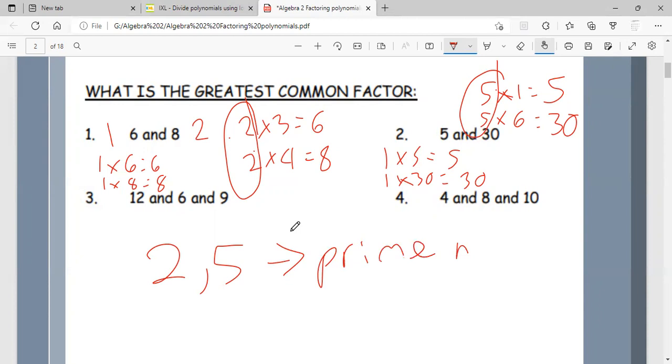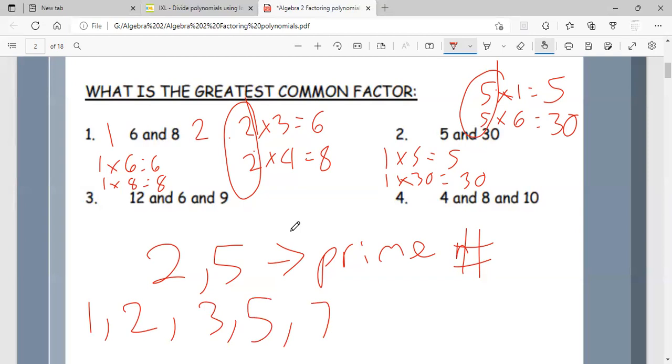So remember, prime numbers are numbers that only have factors of 1 and itself. 1 times 1 is 1. 1 times 2 is 2. 1 times 3 is 3. 4 cannot be a prime number because 2 times 2 gives you 4, and 1 times 4 gives you 4. 5 is 1 times 5, not 6. 7 is 1 times 7.